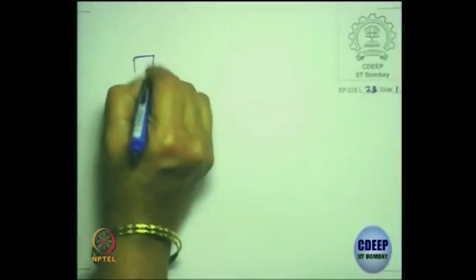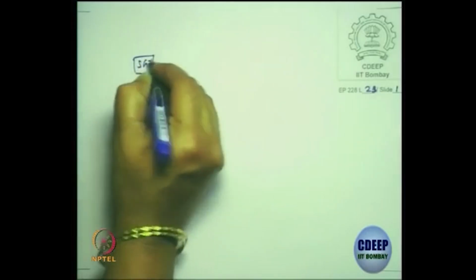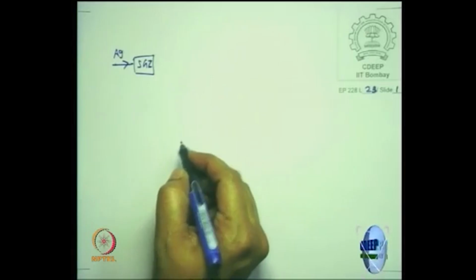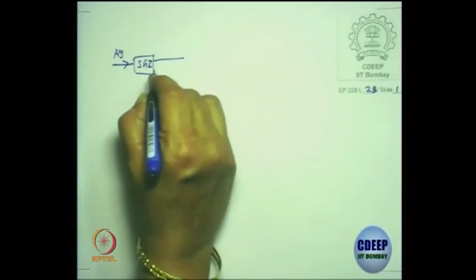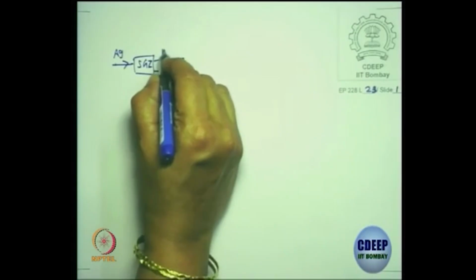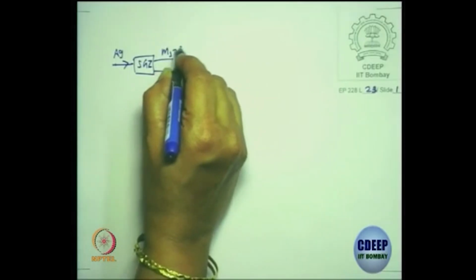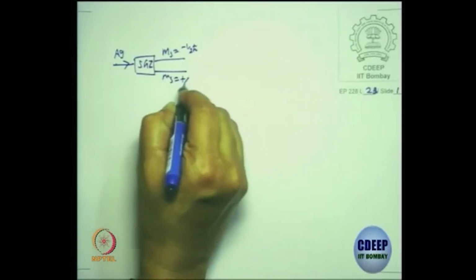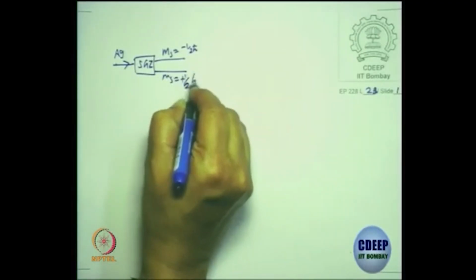See, we have an SGZ. We send in the beam of Ag atoms. What happens is you had two beams, one with Ms equal to minus half H cross and Ms equal to plus half H cross.